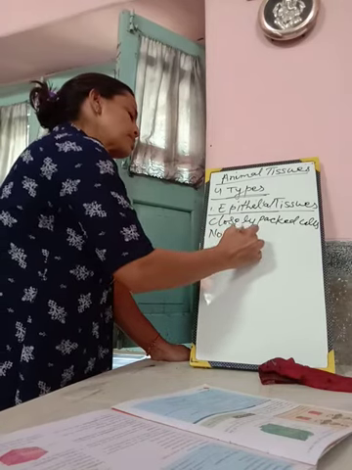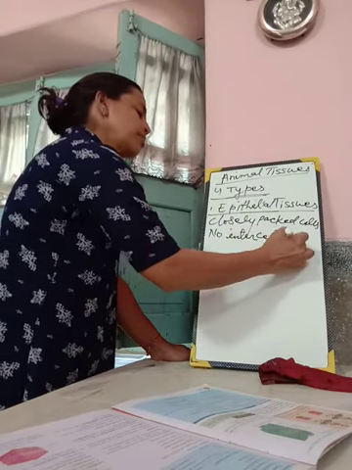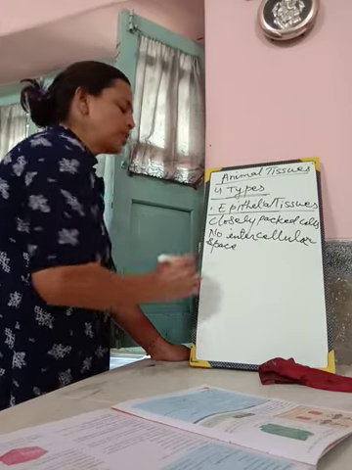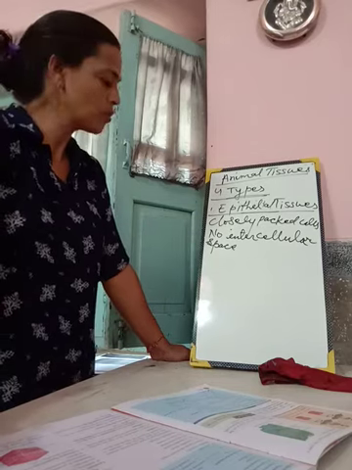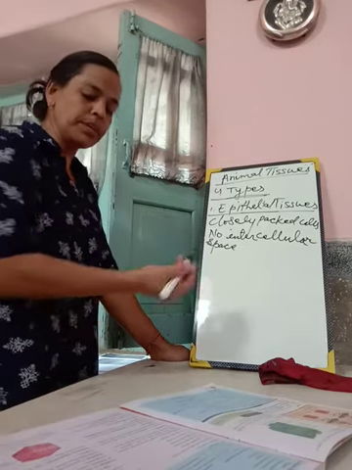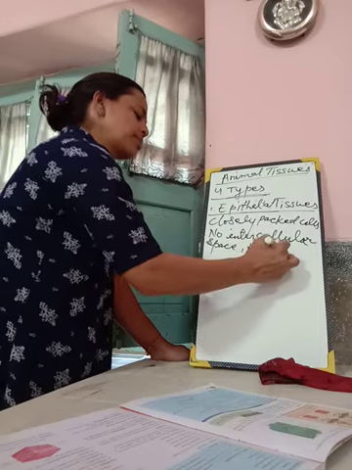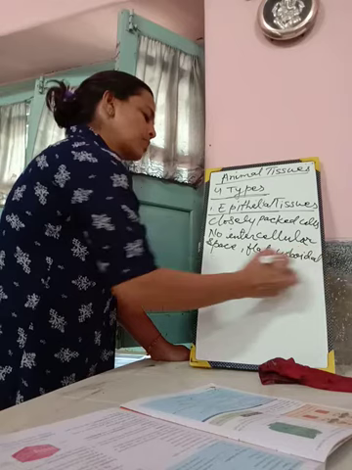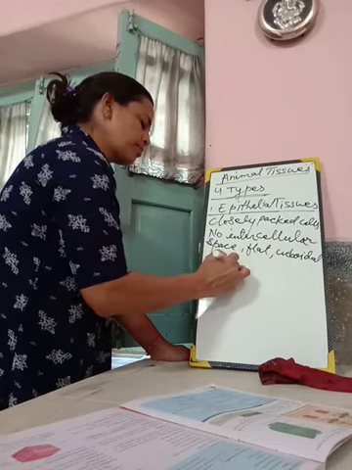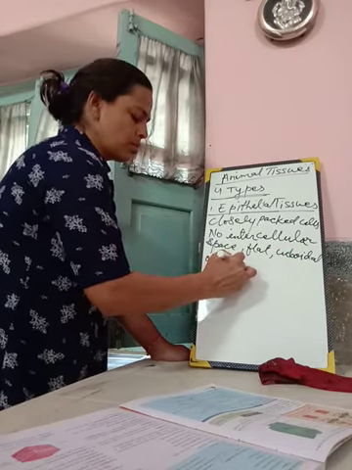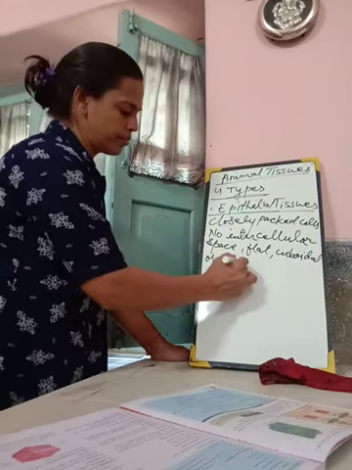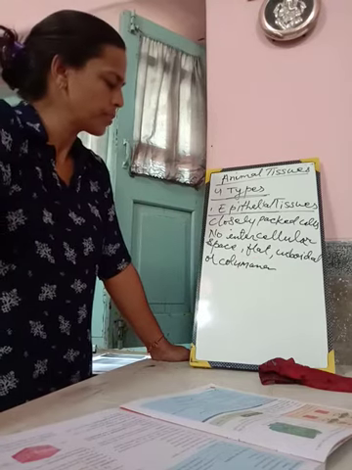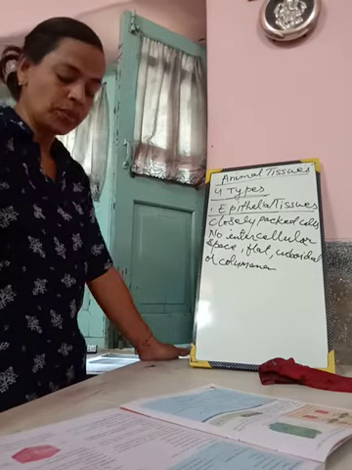No intercellular space is found in this type of tissue. They are of four types.